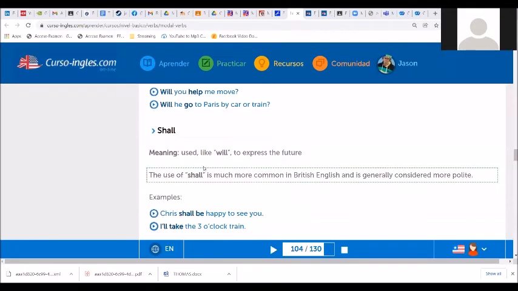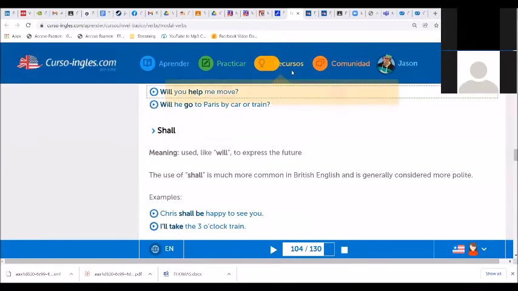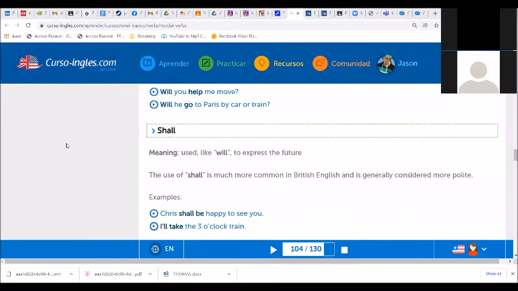Lorenzo, shall. When do we use shall? Uses like will to express the future. The use of shall is much more common in British English and is generally considered more polite. Polite.